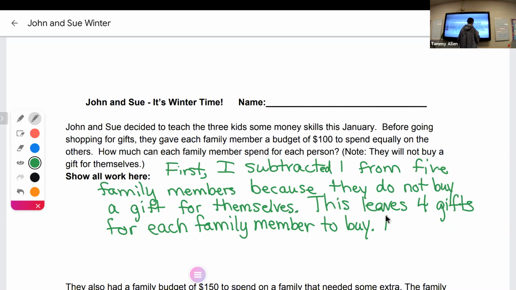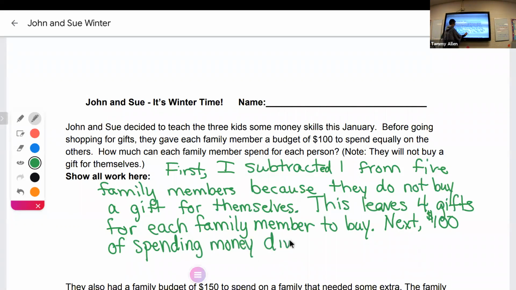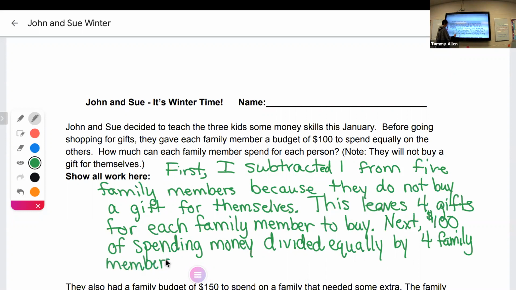So next, $100 of spending money divided equally by 4 family members is $25 per person to spend.